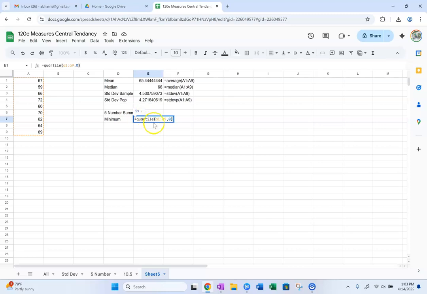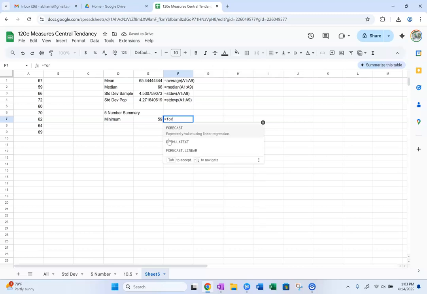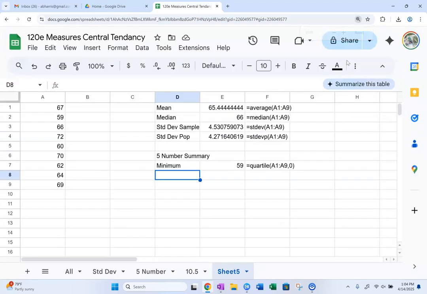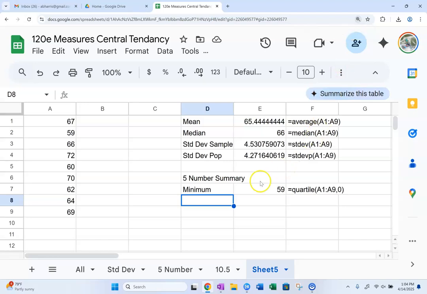You know what? Let me do FORMULATEXT E7. Let me blow this up. There we go. Sorry about that. I should have done that earlier. There's our minimum.